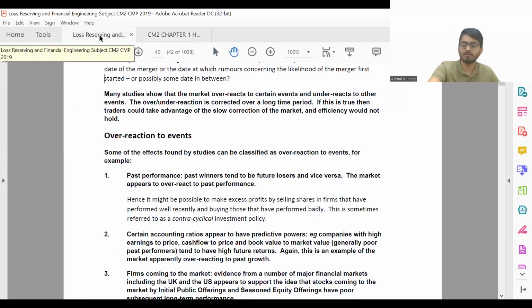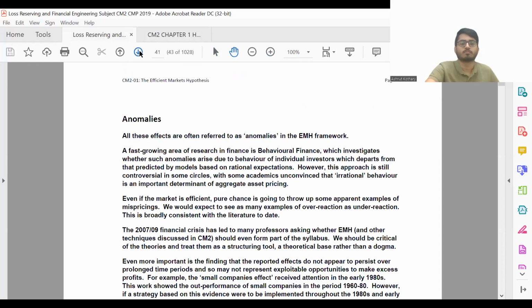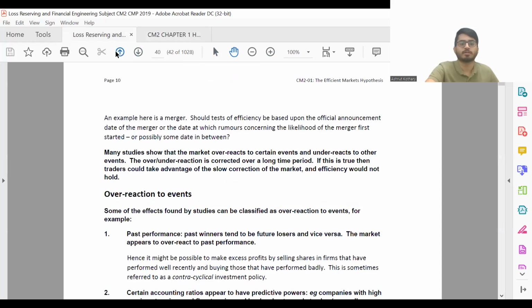Going to the material itself, you'll find all of this. There's a section on overreaction of events. Then we also have a section on underreaction. Yes, overreaction is there.